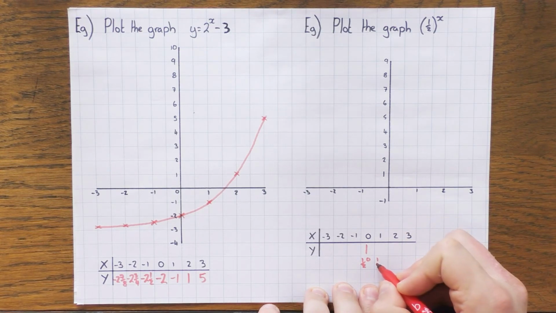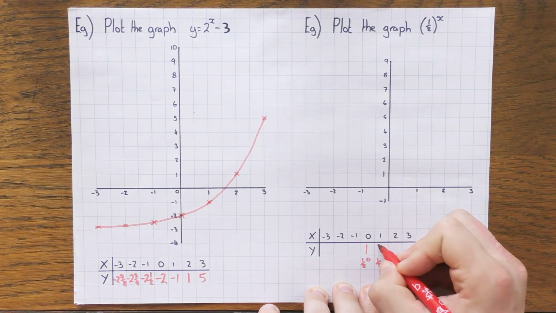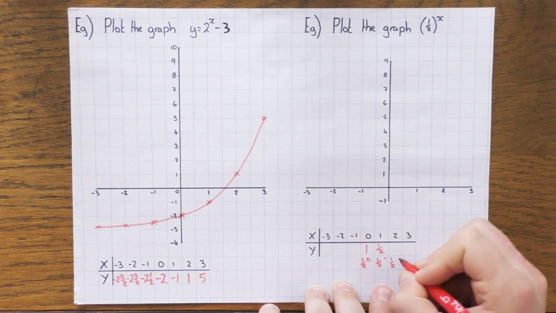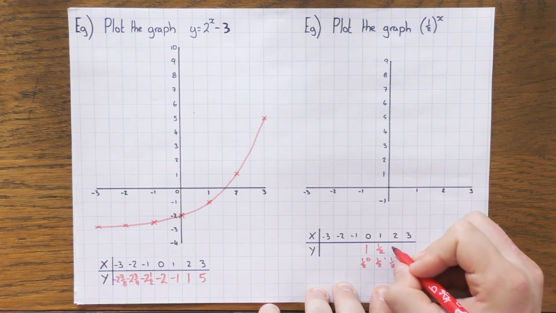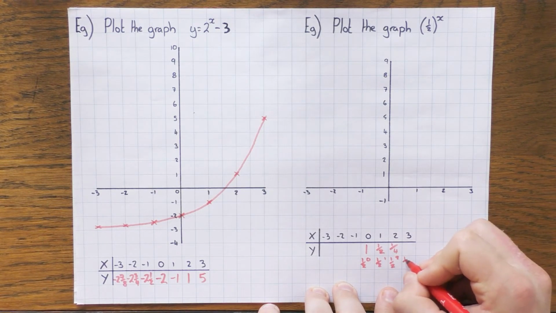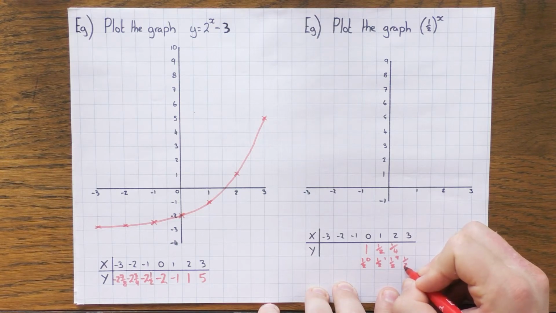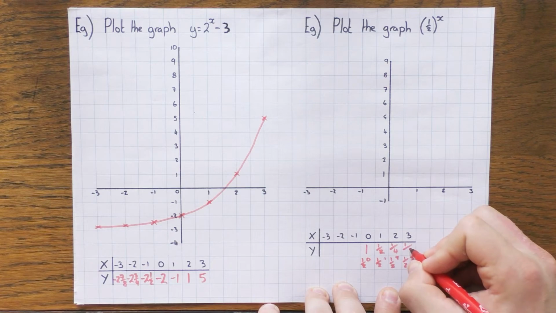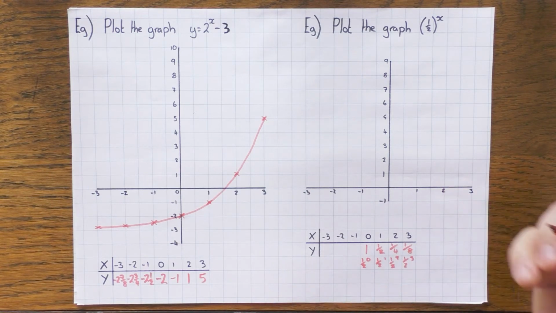And 1/2 to the power of 1 will just give us a half, so that's fine. 1/2 squared, well, 1 squared is 1, 2 squared is 4, so it's a quarter. And 1/2 to the power of 3, so 1 to the power of 3 is 1, and 2 to the power of 3 is 8, so we have 1/8.